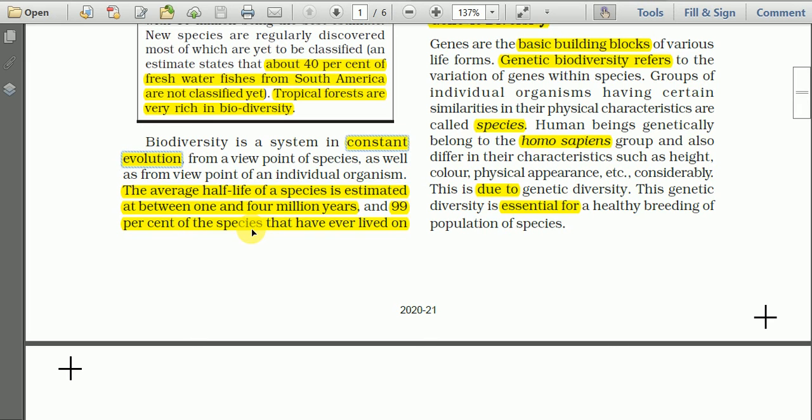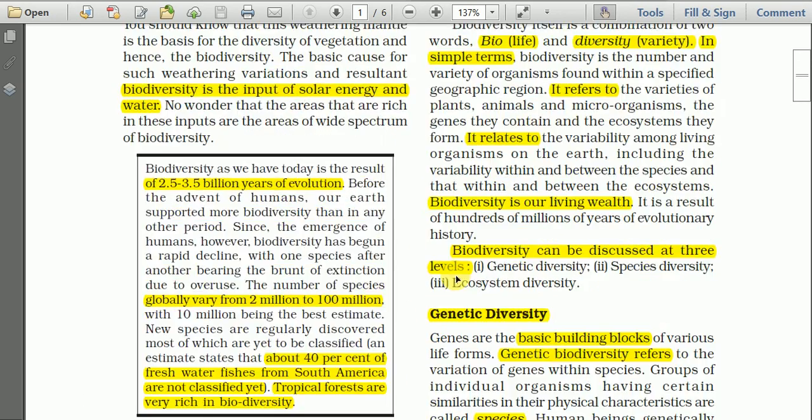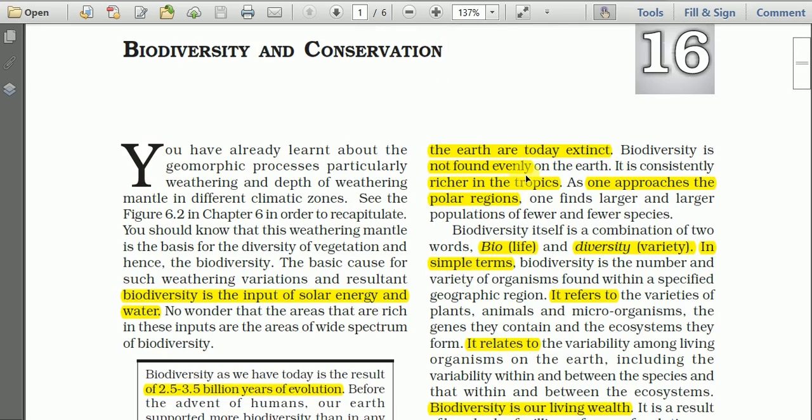The average half-life of a species is estimated at between 1 and 4 million years, and 99% of the species that have ever lived on the surface of the earth are today extinct. That means biodiversity is in constant evolution, and that is why some of the species will become extinct and new species may be coming up.